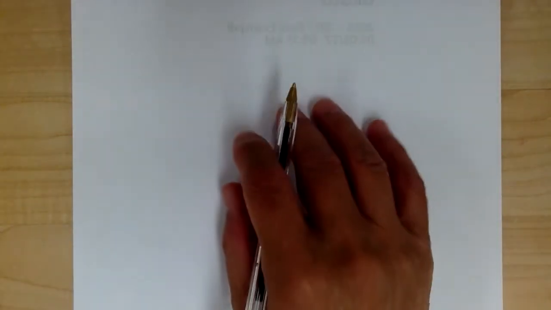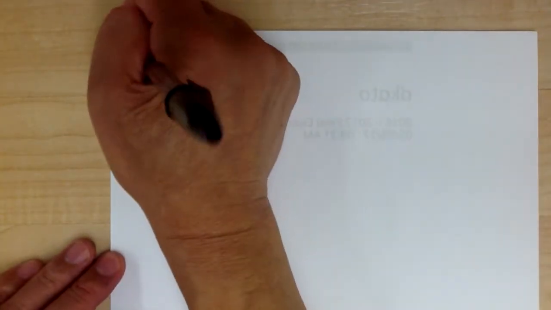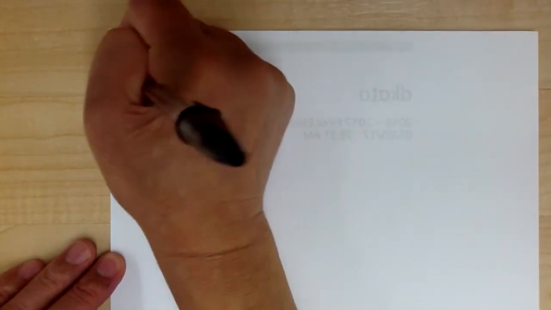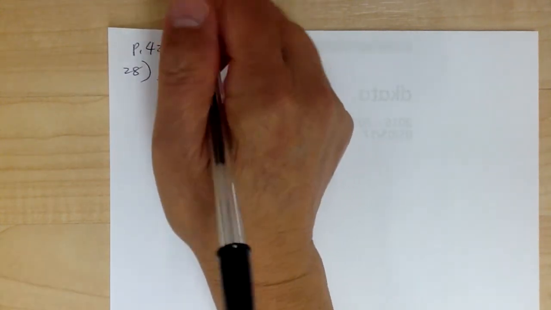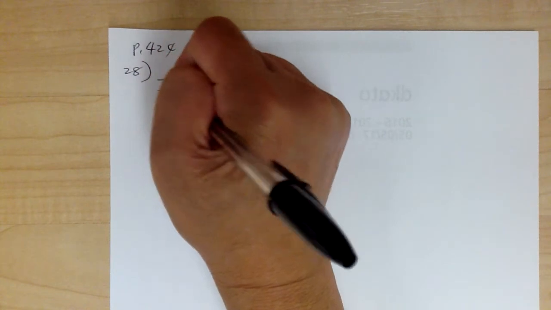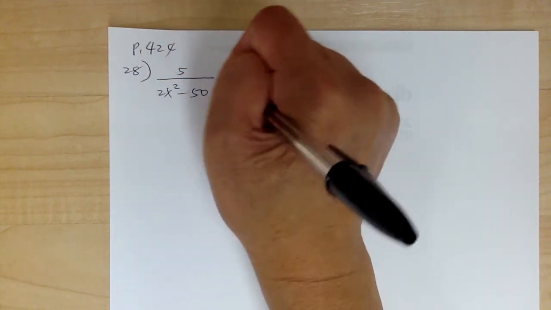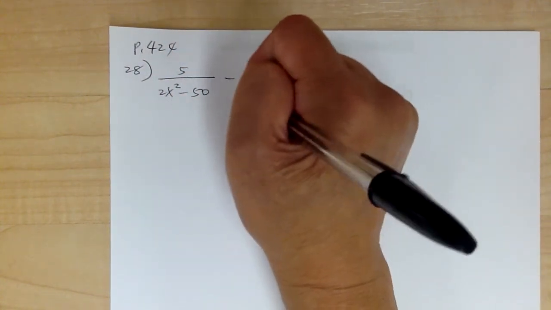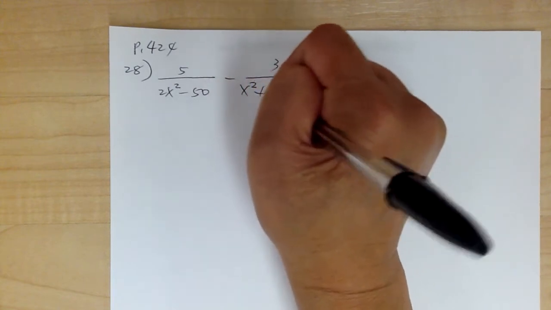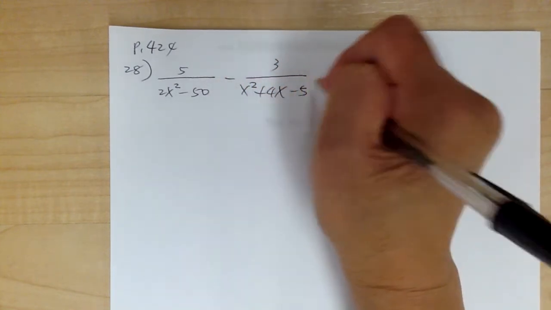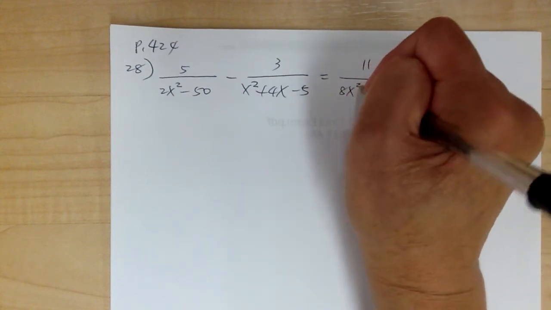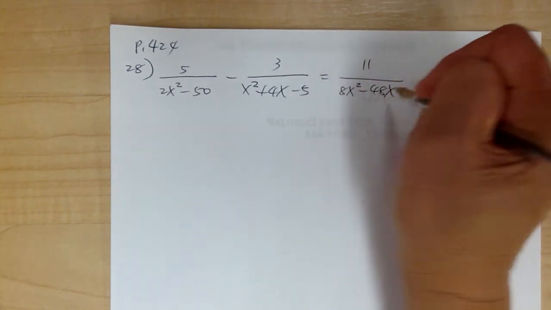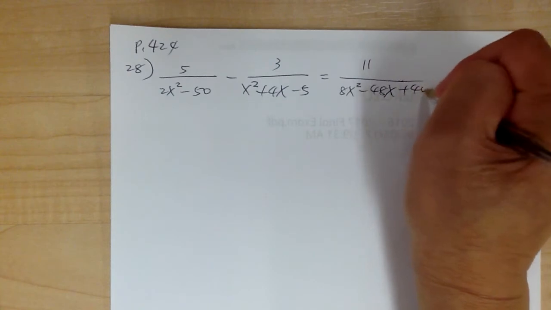Okay, let's go to number 28. I have 5 over 2x squared minus 50, minus 3 over x squared plus 4x minus 5, equal to 11 over 8x squared minus 48x plus 40.